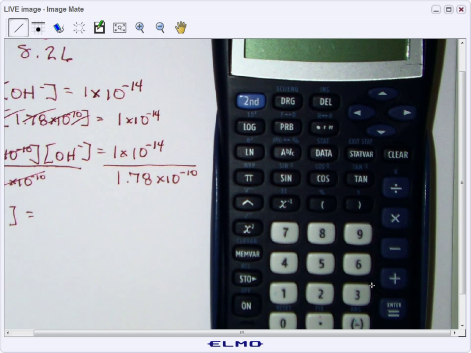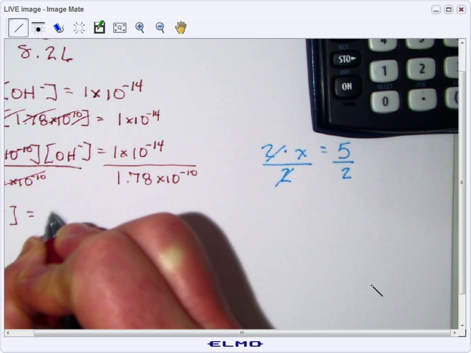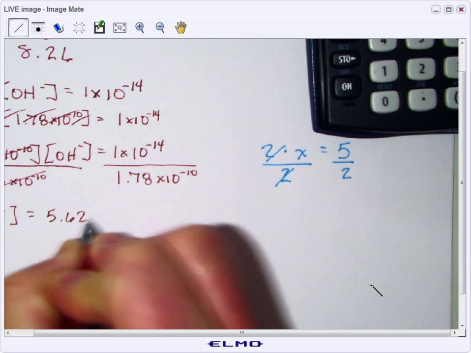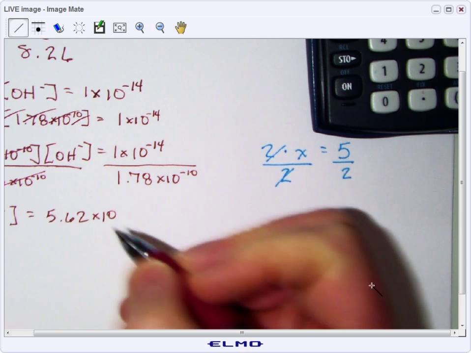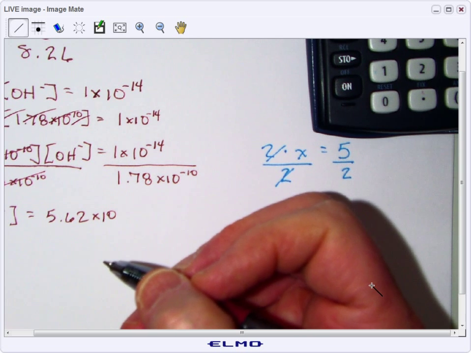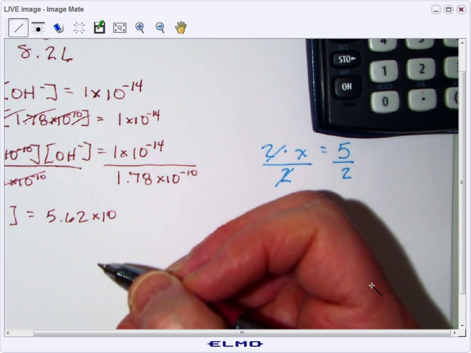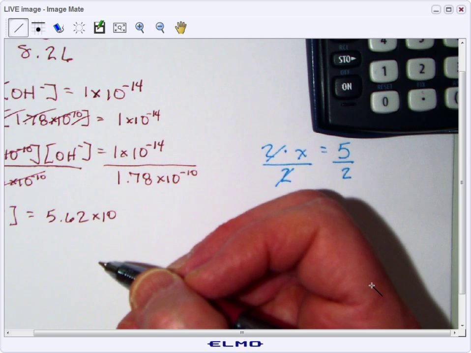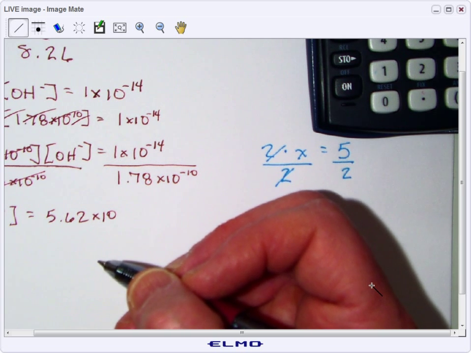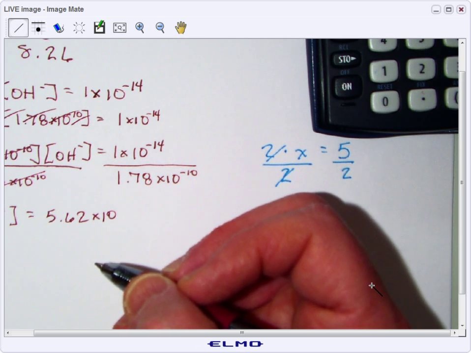What do we get? 5.62 times 10 to the what? Anybody? Negative 5?